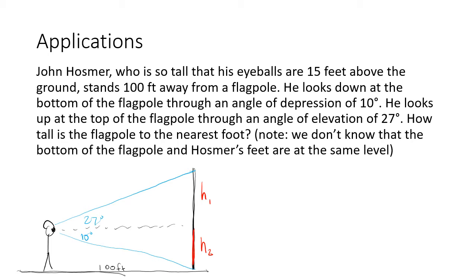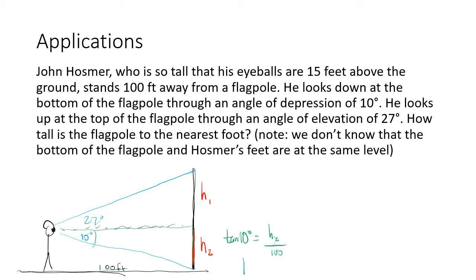With respect to this 10 degree angle, we know the adjacent side is 100, and we want to know the opposite side, h2. So the tangent of 10 degrees is equal to the opposite side h2, which I don't know, divided by 100.